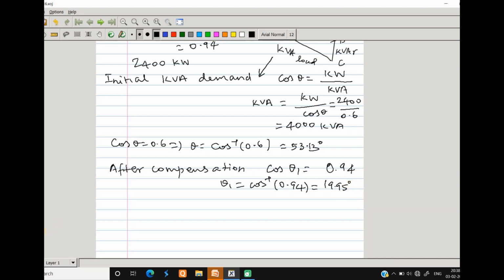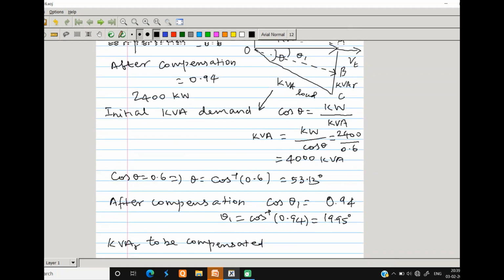Now the kVAR to be compensated, that is, we need to find the kVAR over here.